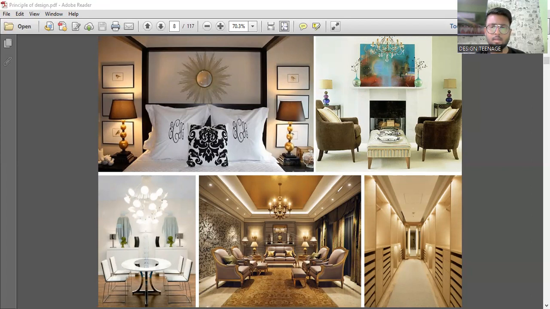Now, how could this composition have been made asymmetrical? The very simple answer is, for example, let's assume this sofa was made of a color like white, or some creamy texture, and not a dark color. Hence, the left hand side of the composition would have looked comparatively lighter.